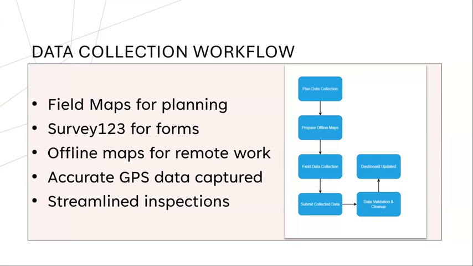Then they submit the collected data, and then data validation and cleanup. That really came back to our GIS guys, right? Different attributes need to be updated to match what was in the field to help start moving towards the digital twin that we're looking for. Also, updating the dashboard. That's a big thing that we noticed.